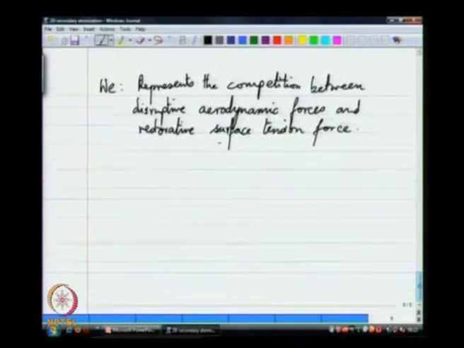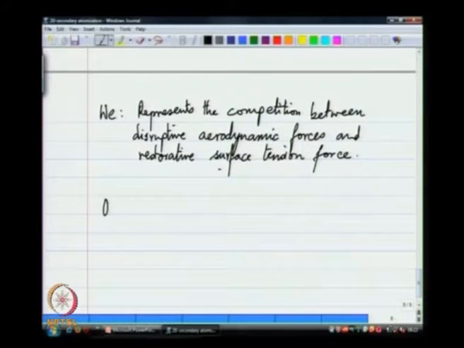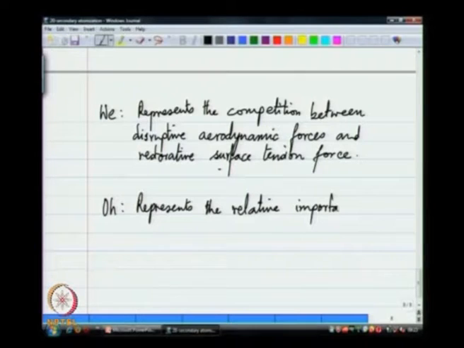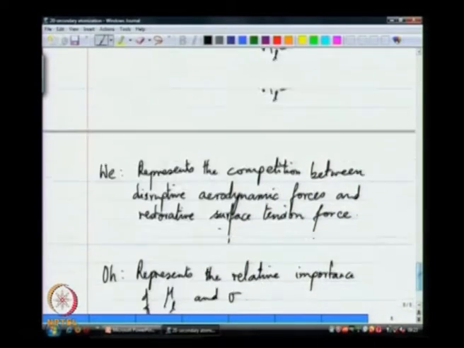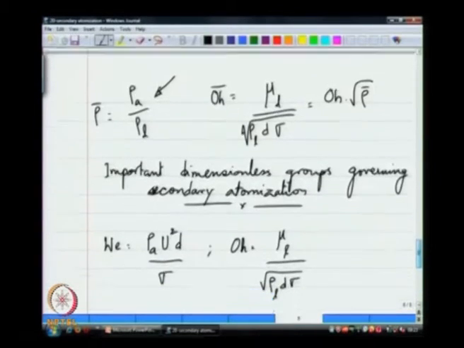Ohnesorge number represents the relative importance of mu L and sigma.